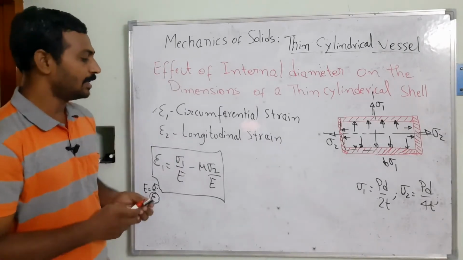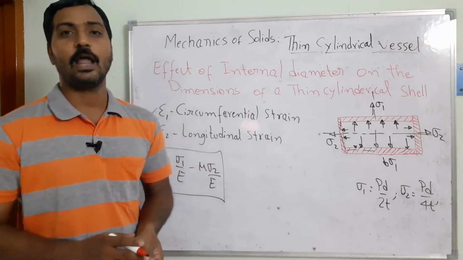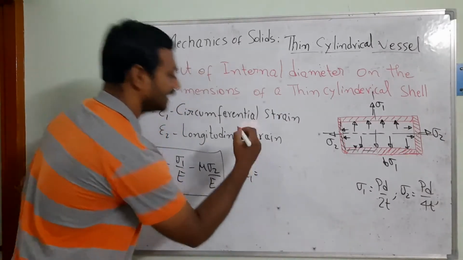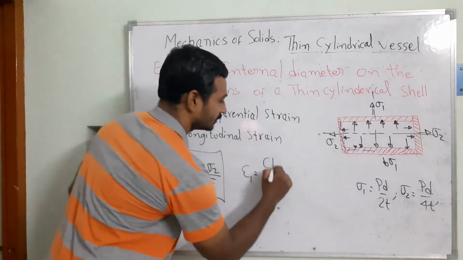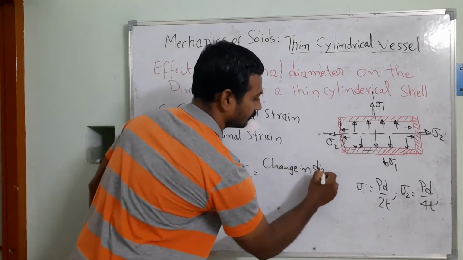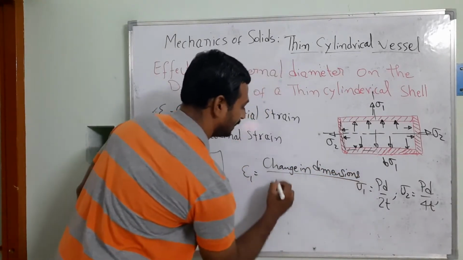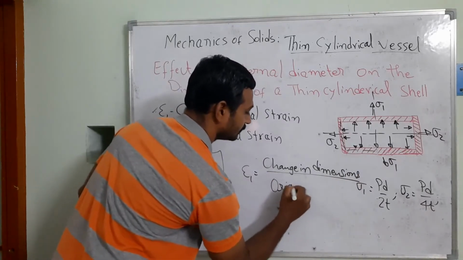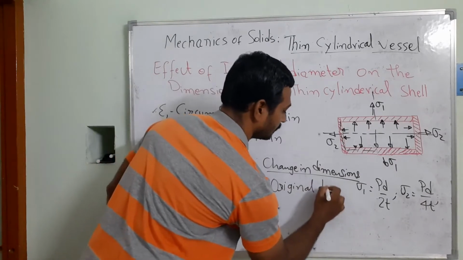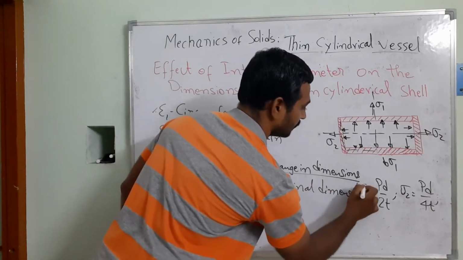At the same time, we can see the dimensions are also going to change in this case. So how are the dimensions going to change? That's going to be epsilon 1 is equal to change in dimensions divided by the original dimensions of the system.